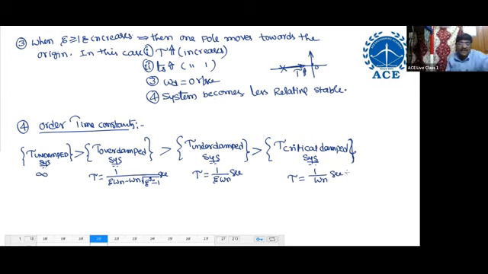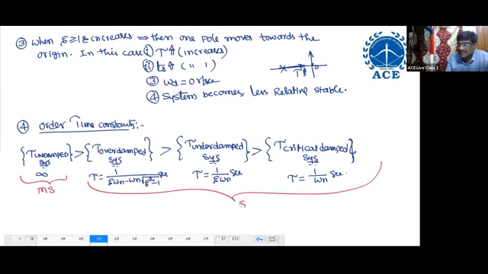And one more thing here. This undamped system is a marginally stable system. All the remaining systems are stable systems. In a stable system, the one with the largest time constant is the overdamped system.